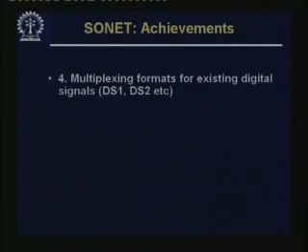The fourth one was multiplexing formats for existing digital signals. You see, such a development cannot take place in a vacuum. That means there was some history, and the trouble was that different countries had different kinds of histories.